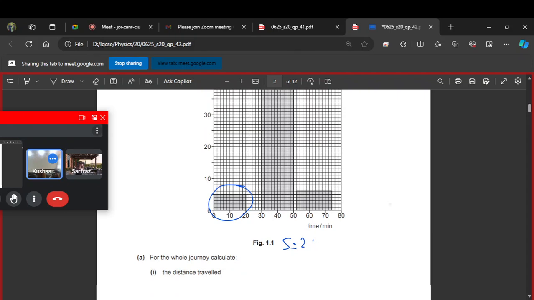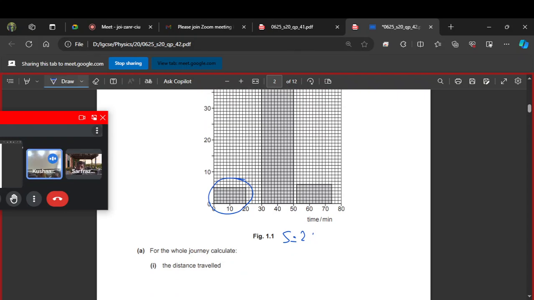How much distance for the first part? 15. 15 kilometers for the first section. Then for the second section. 20 minutes again, 0.3.